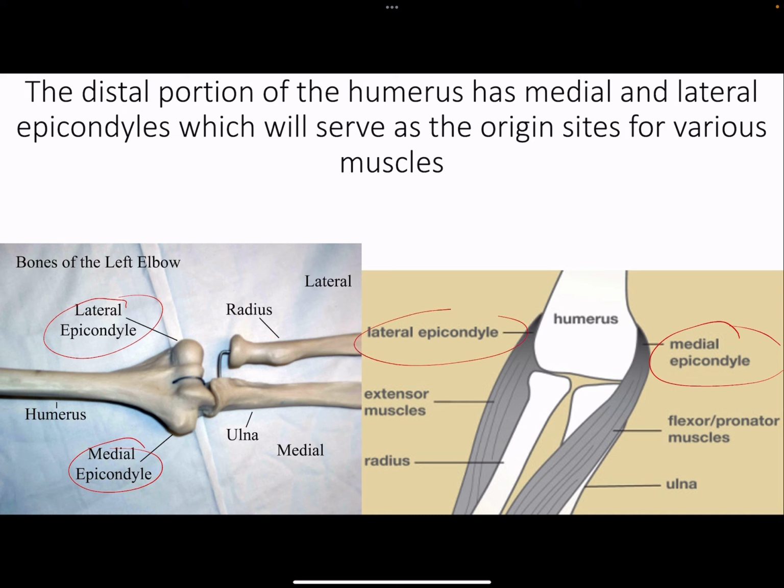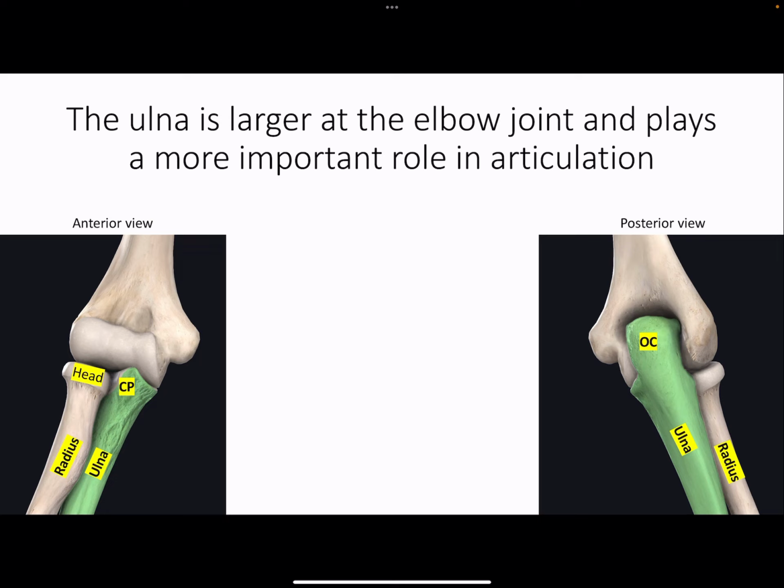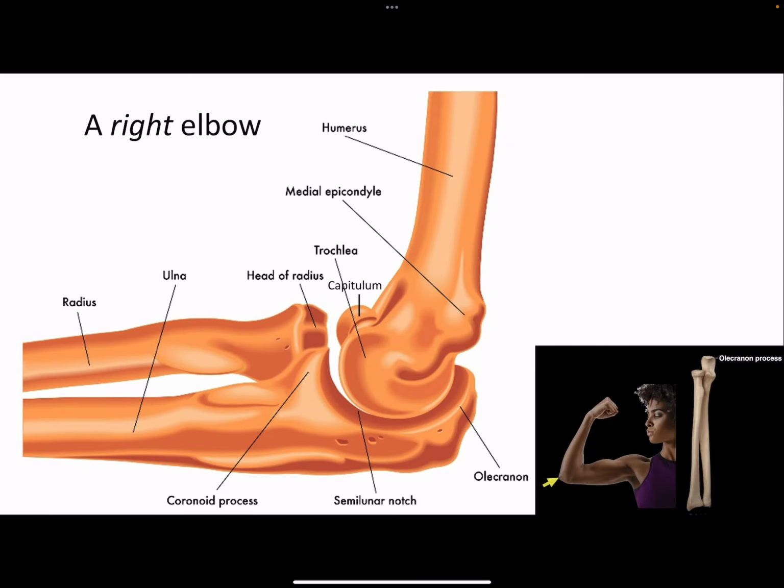So at the elbow joint, the ulna is going to be larger, and it plays a more important role in articulation for the elbow. On the anterior, we have the coronoid process, and on the posterior, we have the olecranon process. So, the elbow joint, just a little bit more.